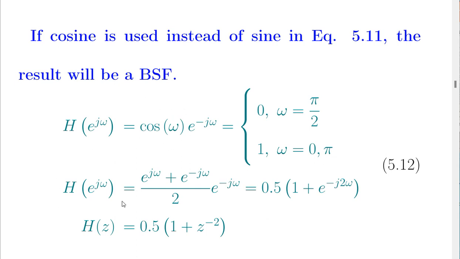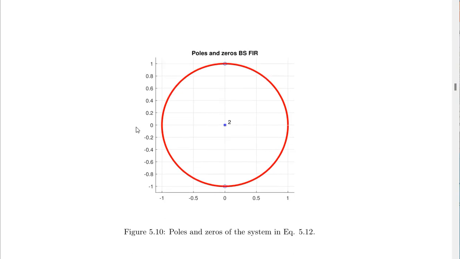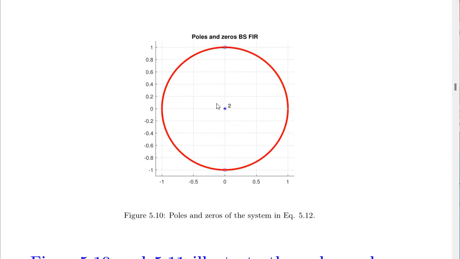Now, if that's the case, we can write H of omega is equal to 0.5 times 1 plus e to the power of minus j 2 omega, leading to the transfer function 0.5 times 1 plus z to the power of minus 2. Here you see the location of poles again at the origin, 2 poles at the origin.